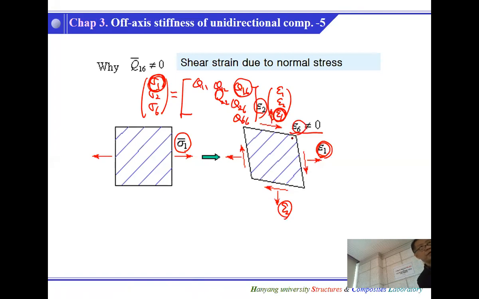Okay, epsilon 6, what is epsilon 6? It's a shear strain, which you don't notice in isotropic material. In isotropic material, whenever you apply load, the deformation is always like that, extension and shrinkage. There's no angle change, right? But in anisotropic material, when you apply a normal stress, there could also be a shear strain.